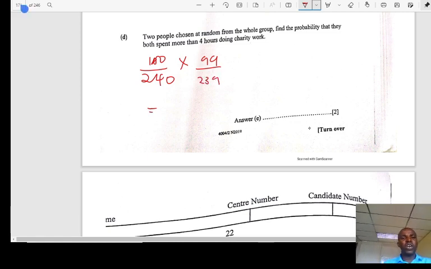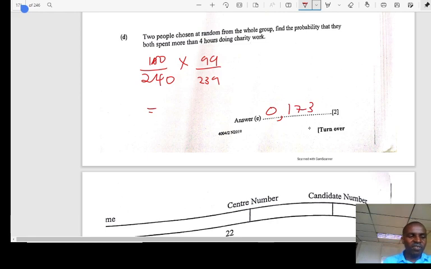So 100 divided by 240 times 99 divided by 239 is 0.173 to 3 significant figures.